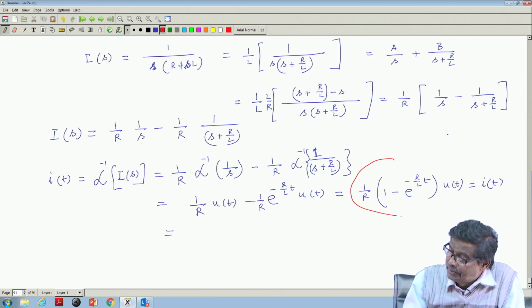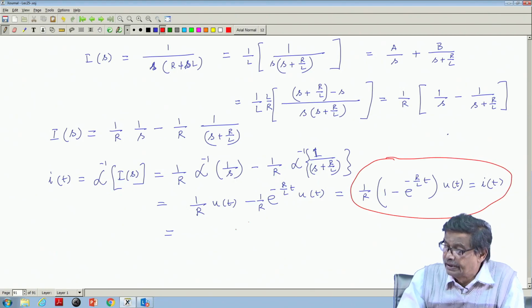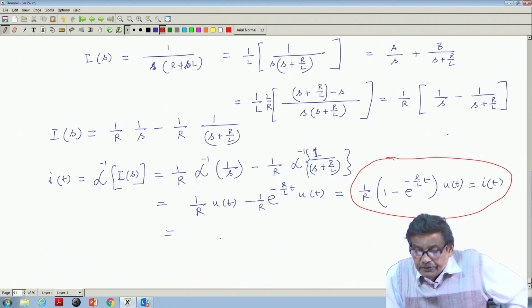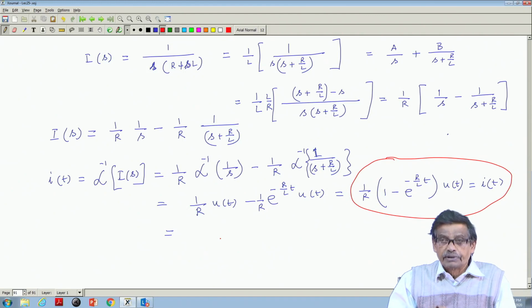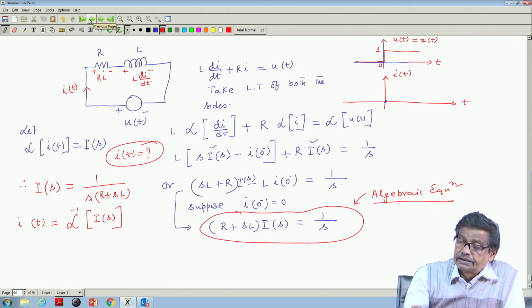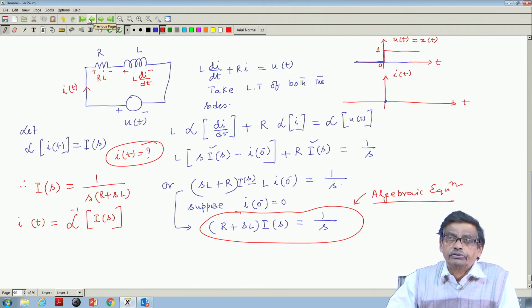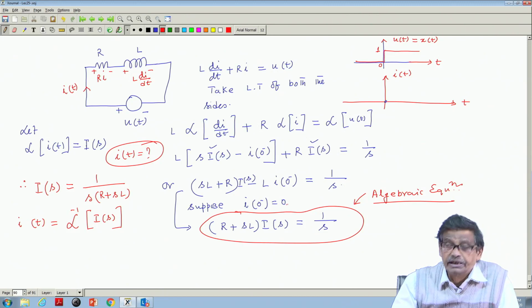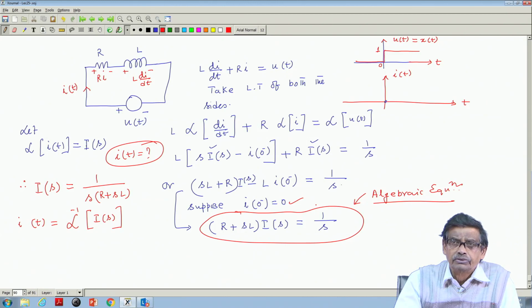So, an interesting point to be noted: if you want to solve a differential equation using Laplace transform, it will give you the complete solution in one stroke, including the initial condition. Here of course, I have taken i(0-) equal to 0, you could also carry on with this i(0-), no problem.